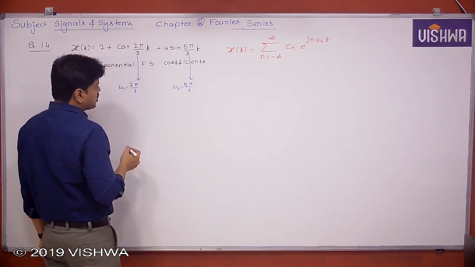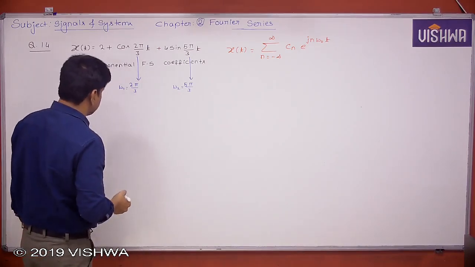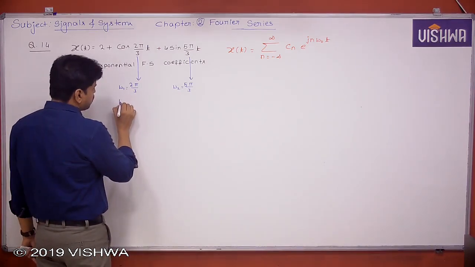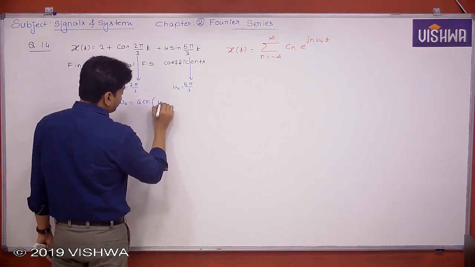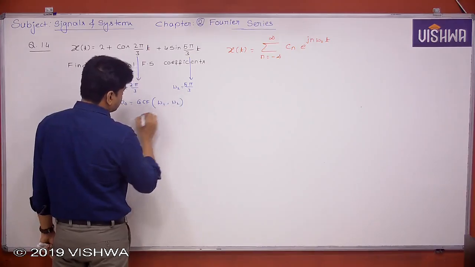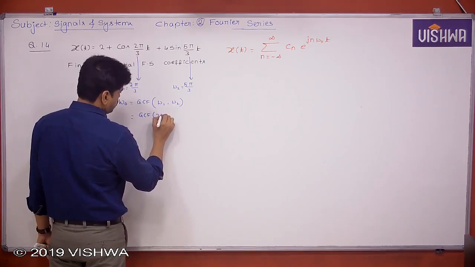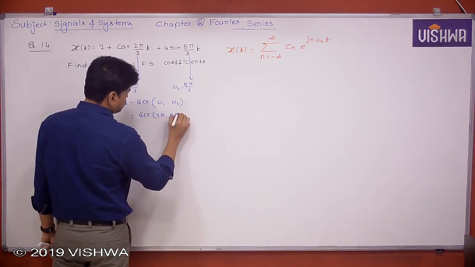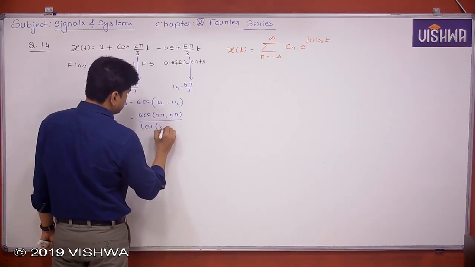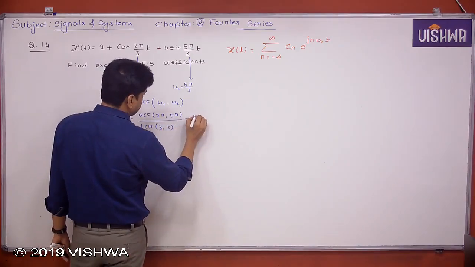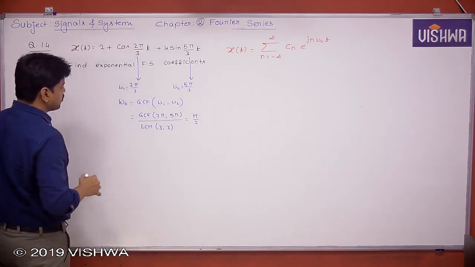Is it a periodic function? Yes, ω1 by ω2 gives a rational number. Then what is the ω0 value? That is the GCF of ω1 and ω2, which is the GCF of numerators 2π and 5π by the LCM of denominators 3 and 3. So finally π/3. This is ω0.